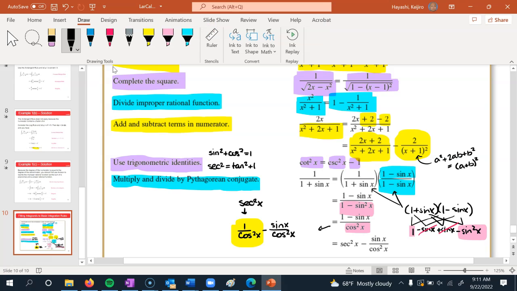And this 1 over cosine squared is the same thing as secant squared, just because cosine and secant are reciprocal, so a cosine squared on the bottom means a secant squared on the top. So if you were to integrate this now, this first term secant squared would simply become tangent, just because secant squared is the derivative of tangent.